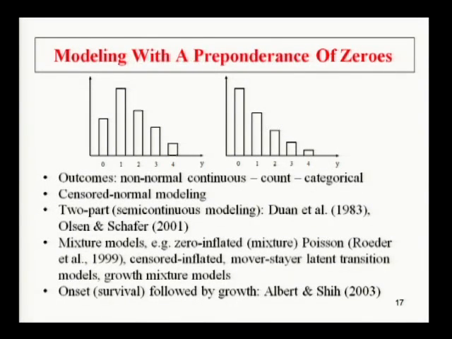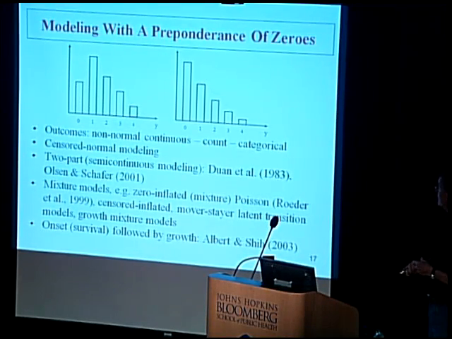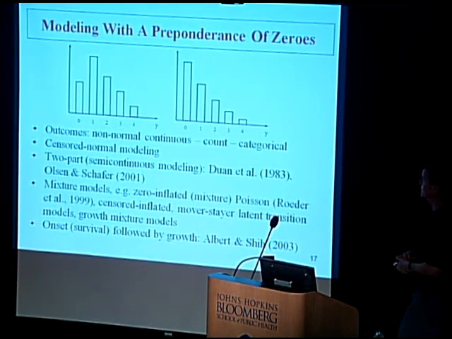But on the right, we have the situation where it's not only non-normal, but you have a strong floor effect where you have more than 50% at the lowest value. We don't know whether or not all of these people are the same. If you change the question wording somewhat, we may have been able to spread them out. So we have a floor effect here, and that's a very special variable that needs special attention.